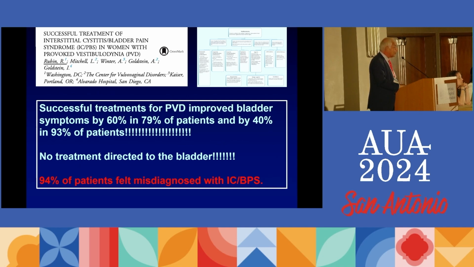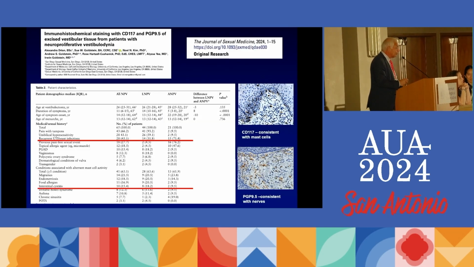Successful treatments for the provoked vestibulodynia improved the bladder symptoms by 60% in about 80%, and 40% and 90%, and no treatment was directed to the bladder. That's a good sign. The so-called IC patients are being very helpfully managed by directing management to the real source of the problem.